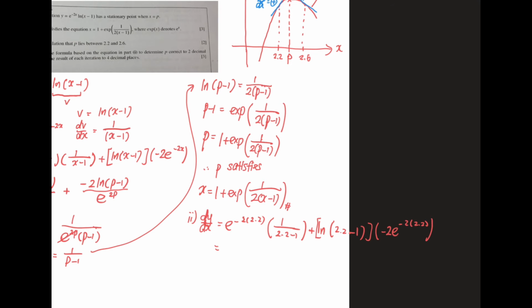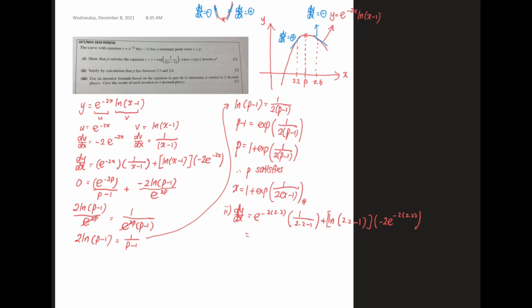Okay, so let's check. We need to key in this whole thing, e^(-2x) divided by... then we substitute 2.2.